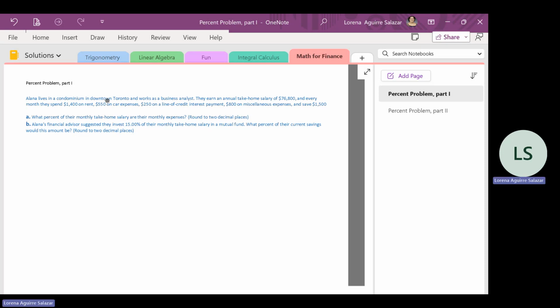What we have right here is what we call a percent problem, a problem that involves percentages. To solve percent problems, we can do various things.